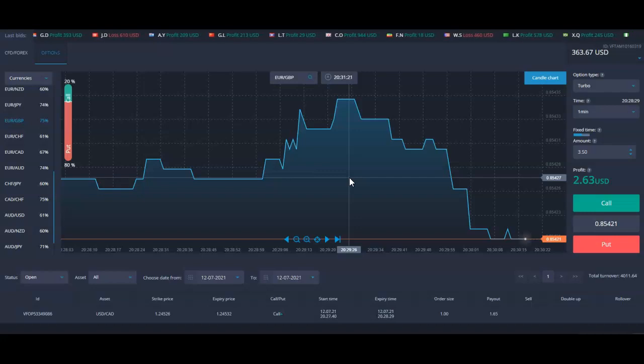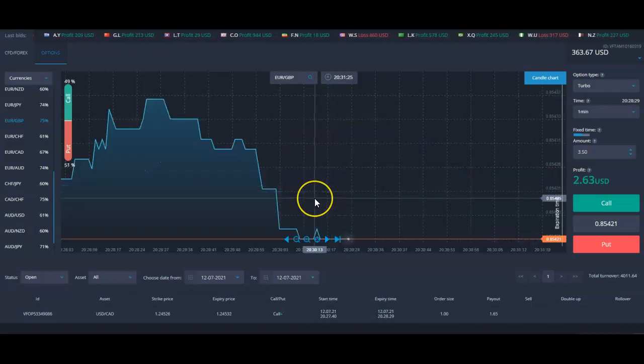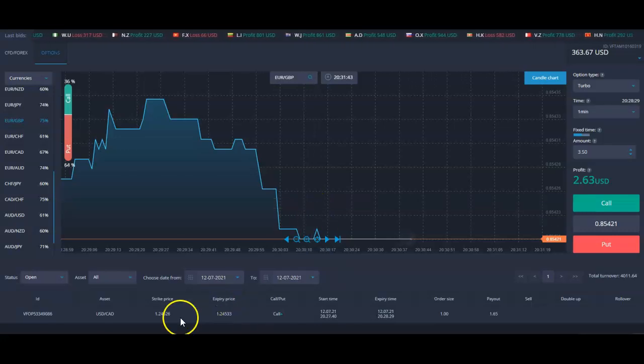Now, if we risk $10 and we win $7.50, the total turnover for that particular trade is $17.50. If you take a $10 trade and lose that trade, the total turnover for that particular trade is just going to be $10. So I hope that makes sense, and I hope that clarifies the turnover for you guys.